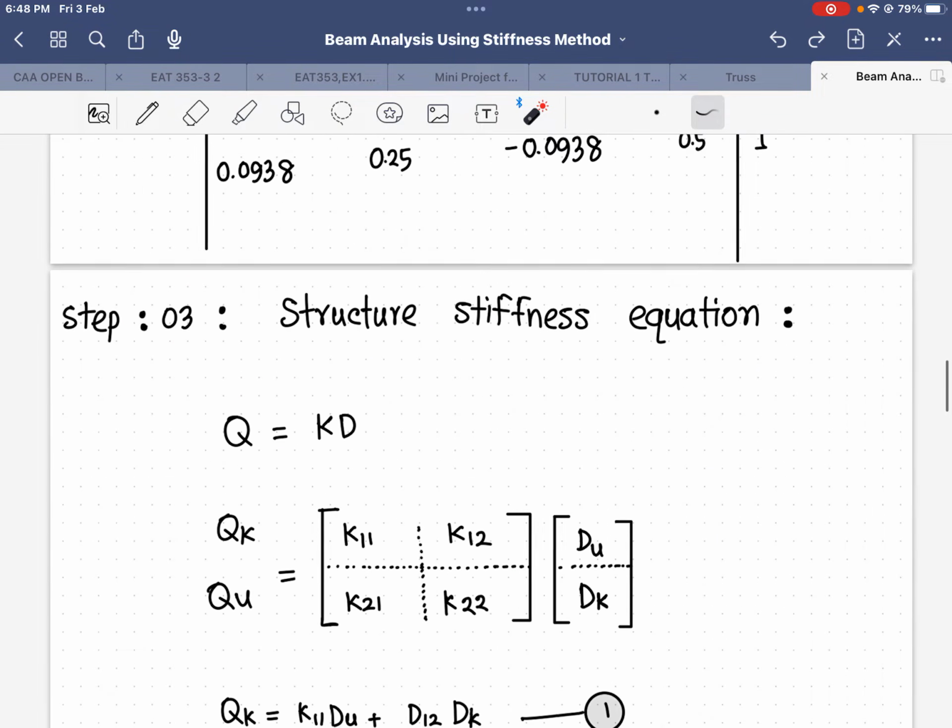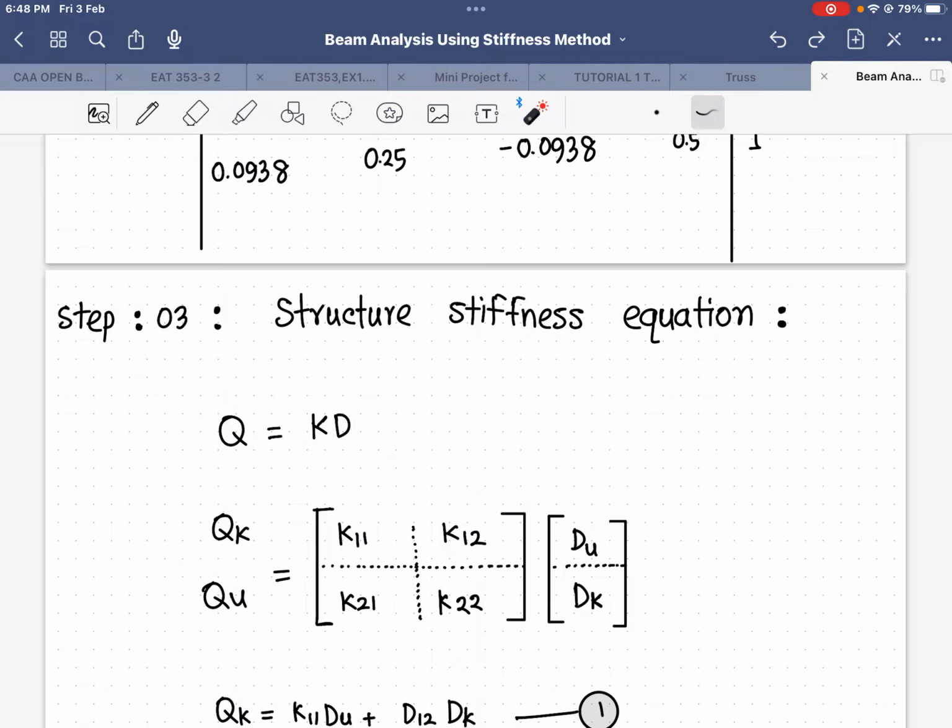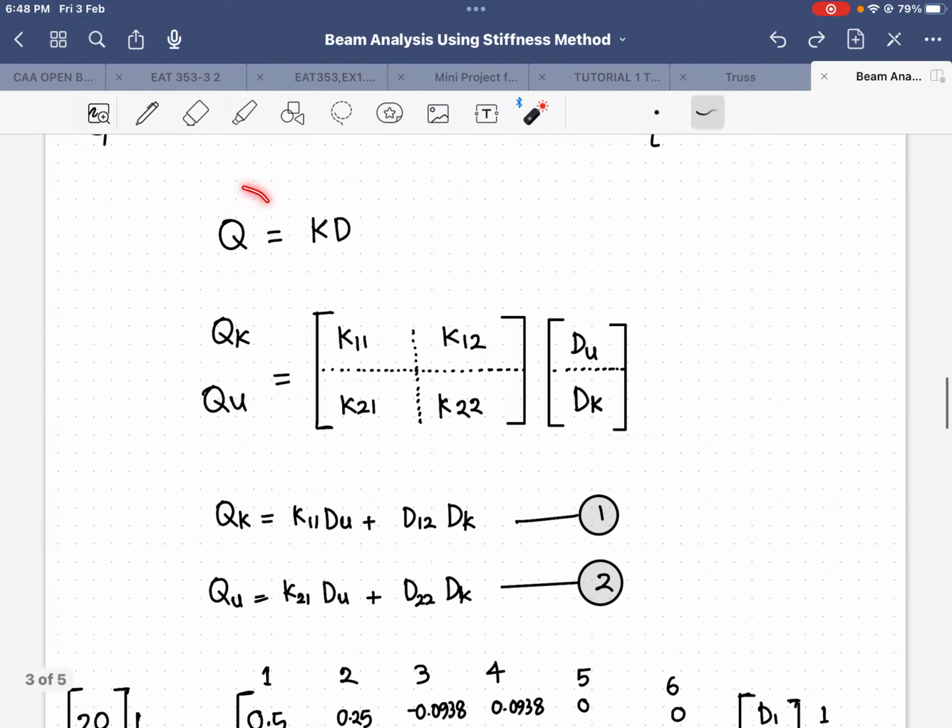All right, so now we will go to our third step. In the third step, we have to find the structure stiffness equations. By using the structure stiffness equations, we will get the value of Q. We have Q known and Q unknown.